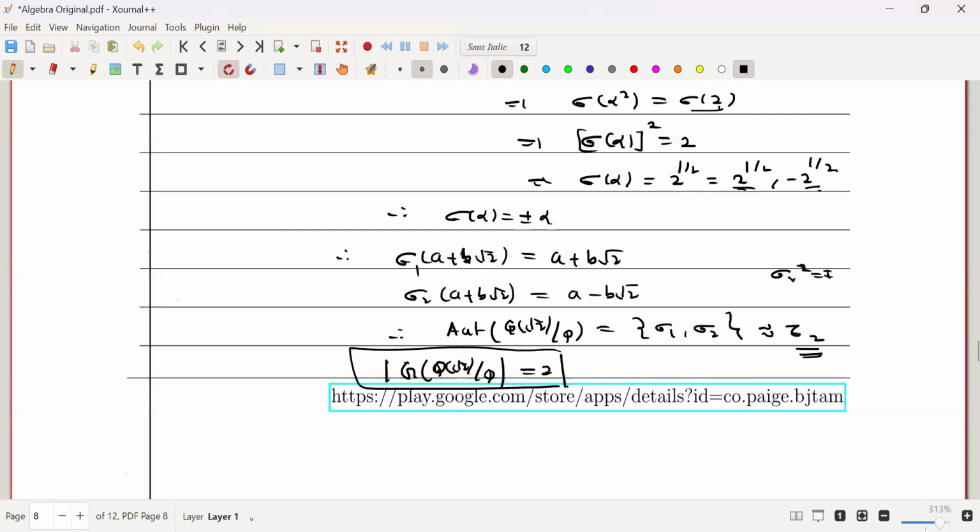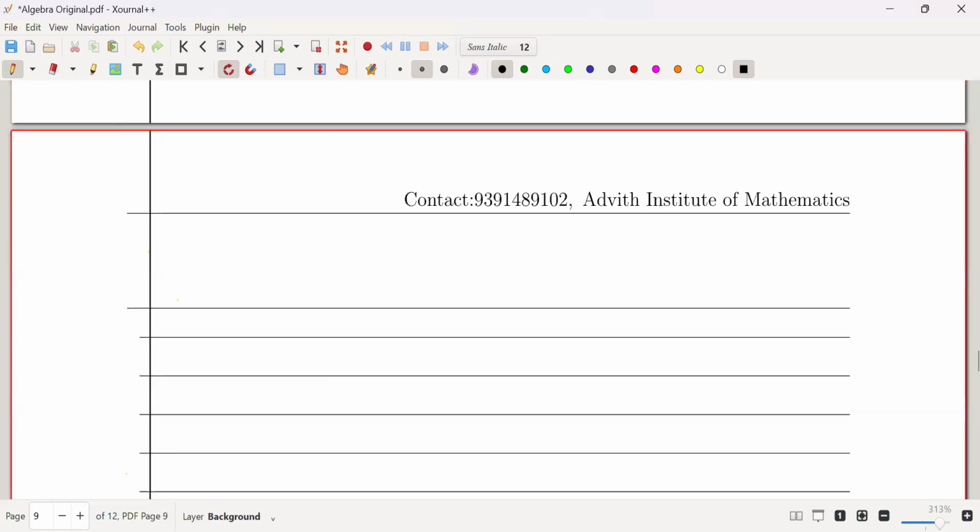Note the automorphisms of Q(root d) over Q, the order of this group is isomorphic to Z2, where d is square free.